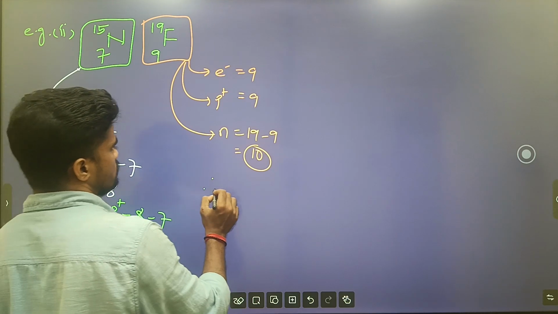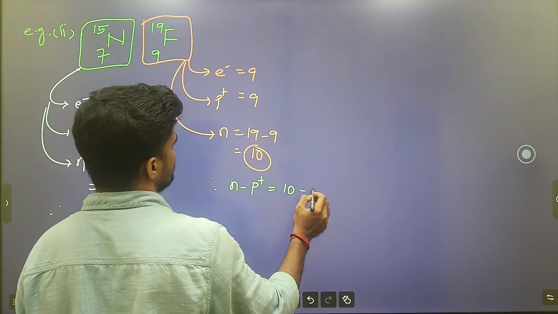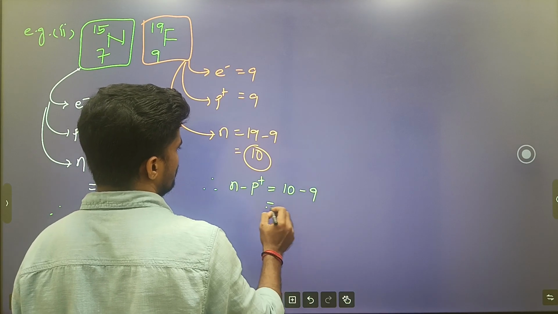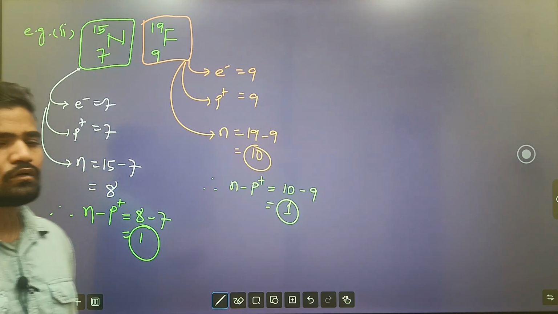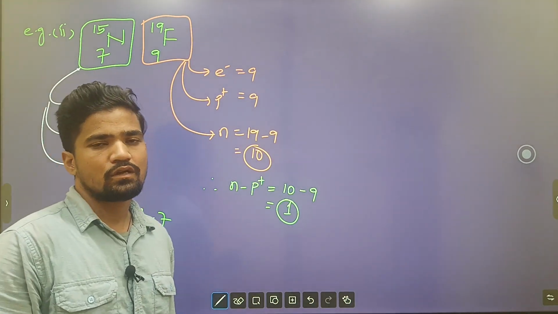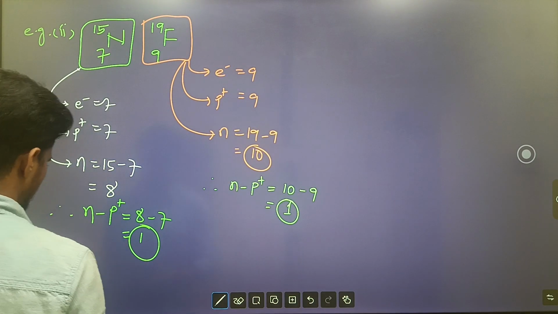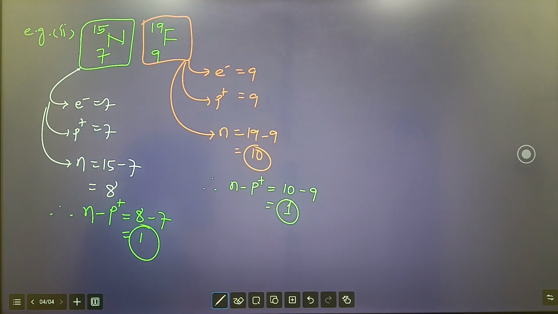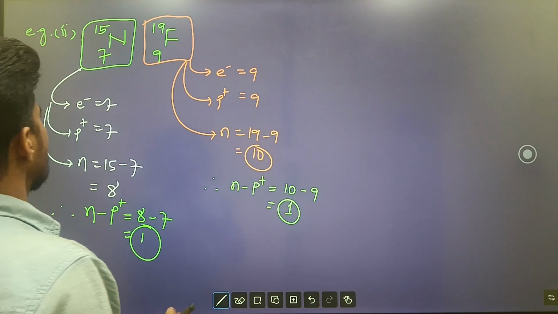In this case, the number of neutrons minus the number of protons equals 10 minus 9 equal to 1. So we get the same value in the difference of the number of neutrons minus the number of protons. These are called isodiaphers.